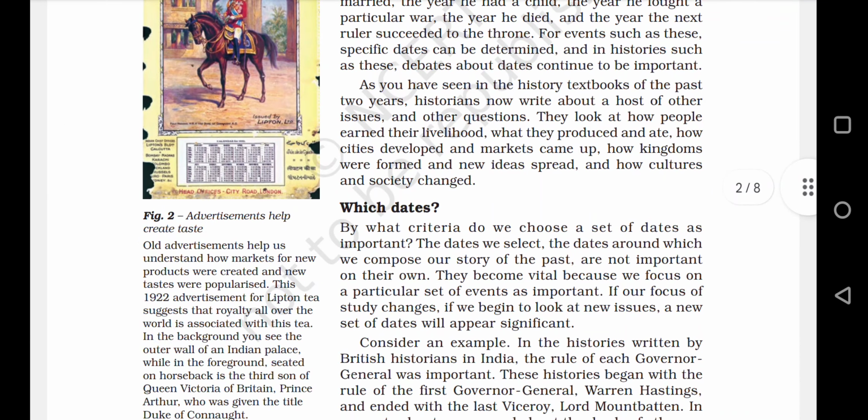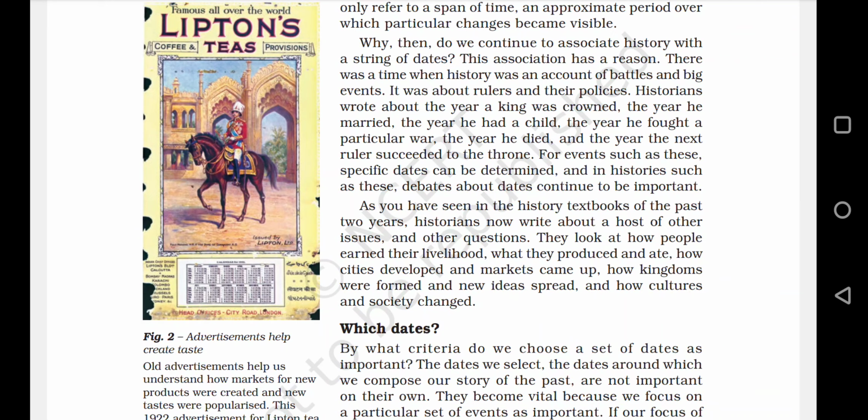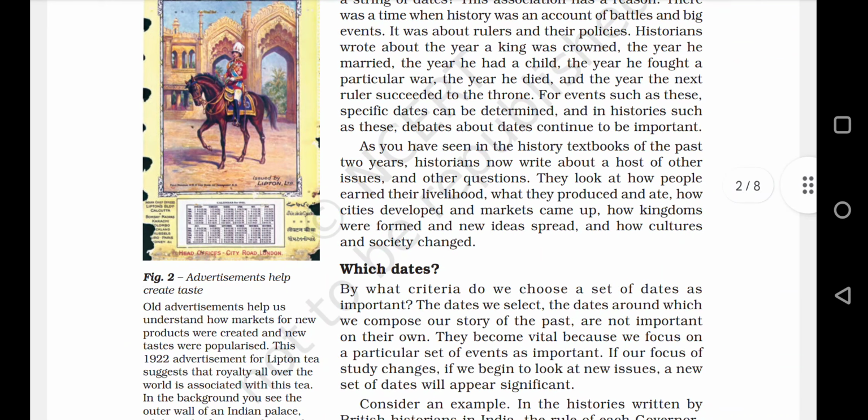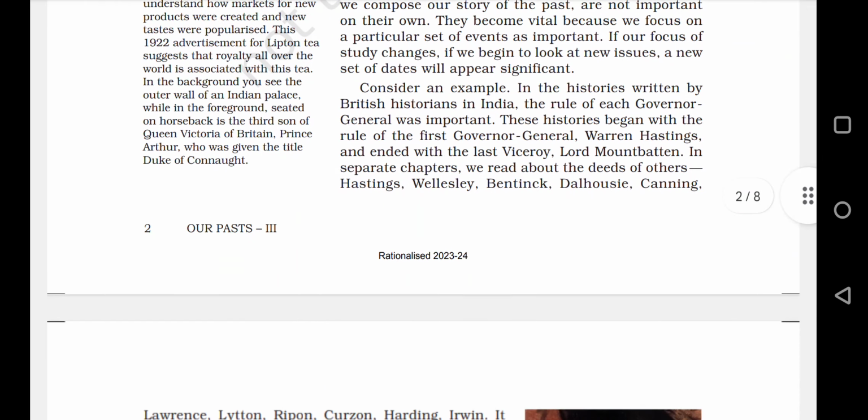Then we have one more picture. This picture is of an advertisement of Lipton tea, in which you can see a man on a horse. He is Prince Arthur. He was the prince at that time, because he was the third son of Queen Victoria. So that is also important, and the impression of advertisements was also important at that time.